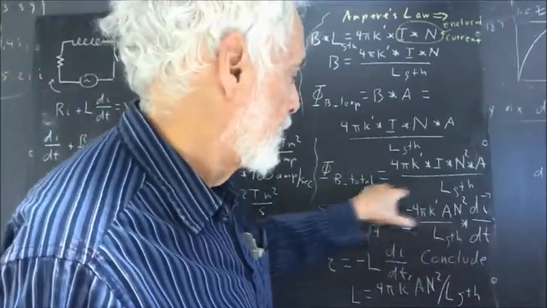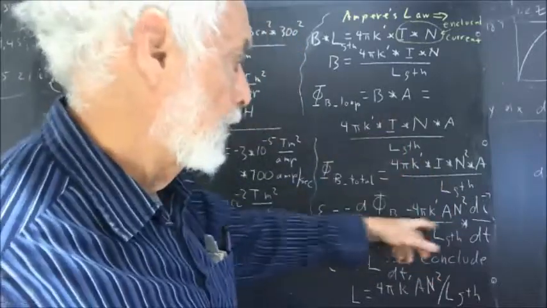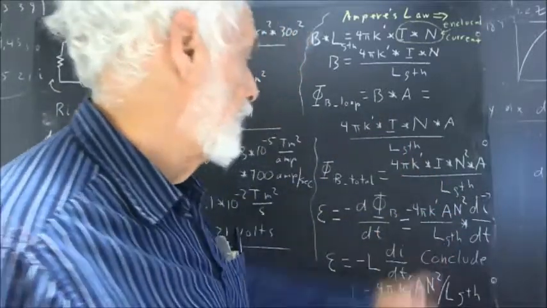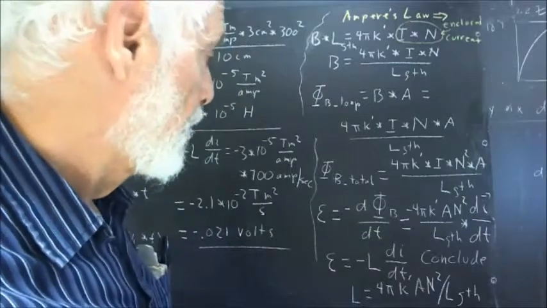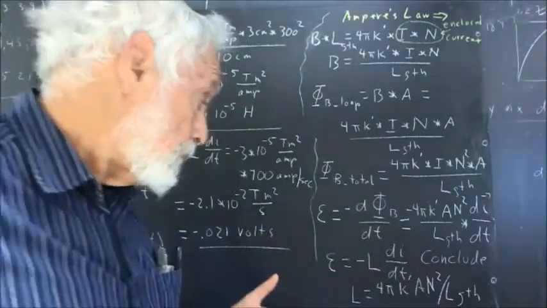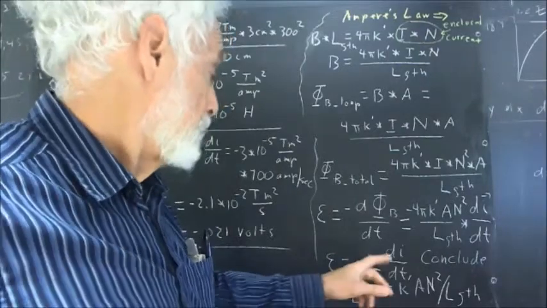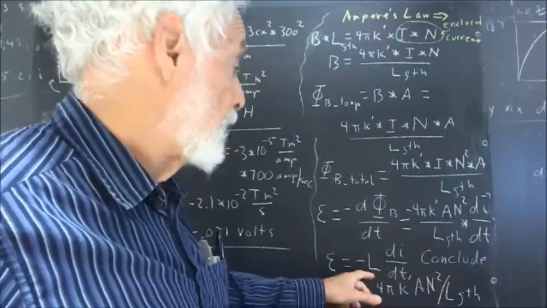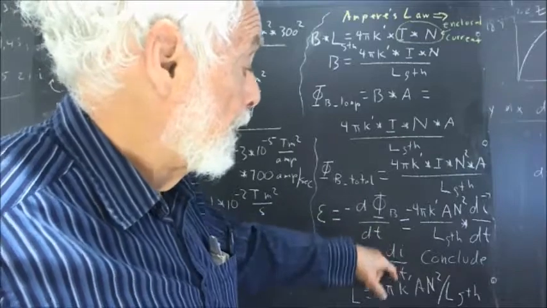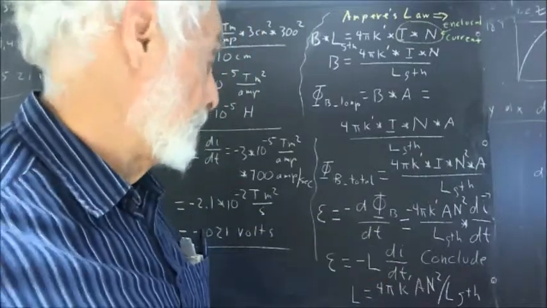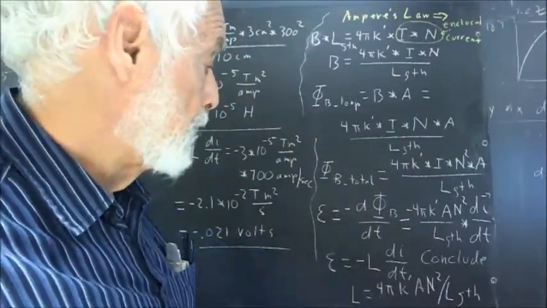The rest of this is all just dependent on the number of loops, the area of a loop, and the length of the coil. So we also want to say that the EMF is equal to the negative of the inductance times the time derivative or rate of change of the current.